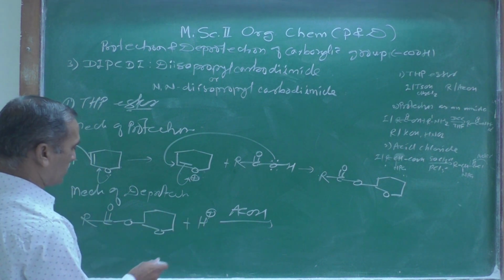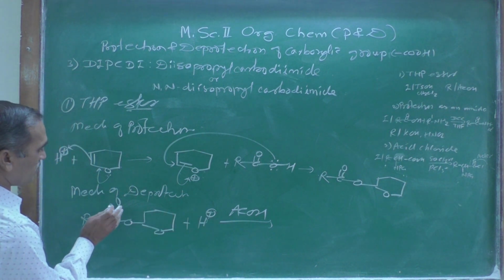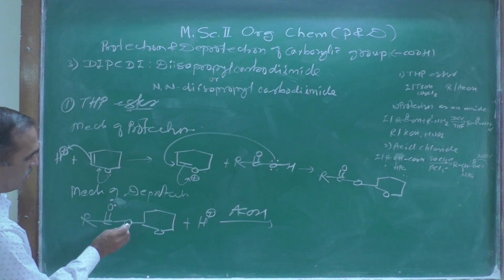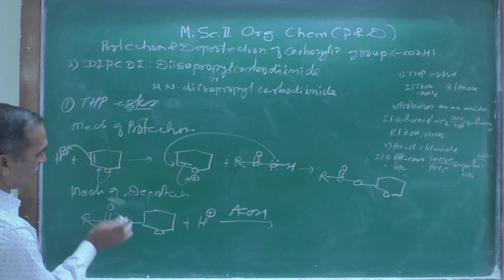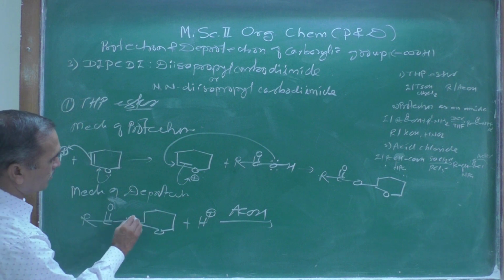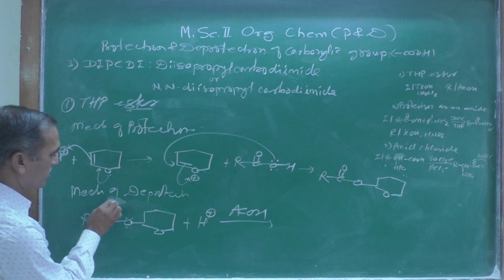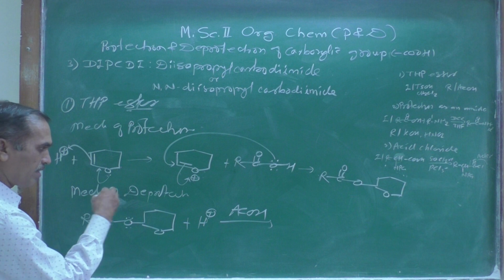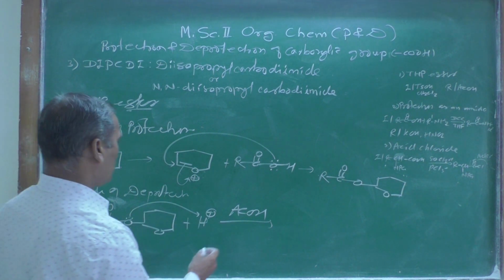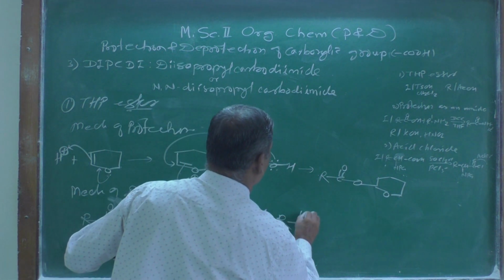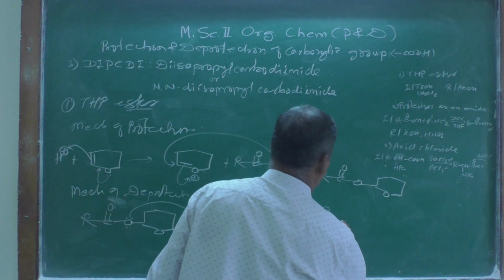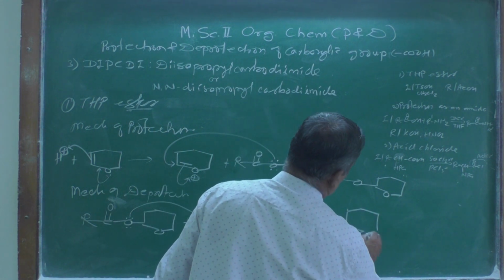Here you remember the lone pair present over here, or here, either this lone pair or this lone pair can attack that H plus, it doesn't matter. Here RC double bond O, then OH, the positive charge comes over here, and now this one, right?